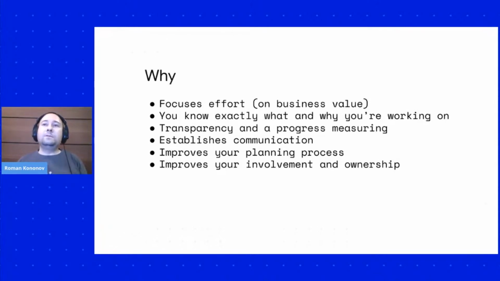It also improves your planning process. It's easier when you have a limited set of objectives, when those objectives are very aligned with the business strategy. It's easier to have plans, to deliver those plans, and to explain those plans to any kind of management. It improves your involvement and ownership.